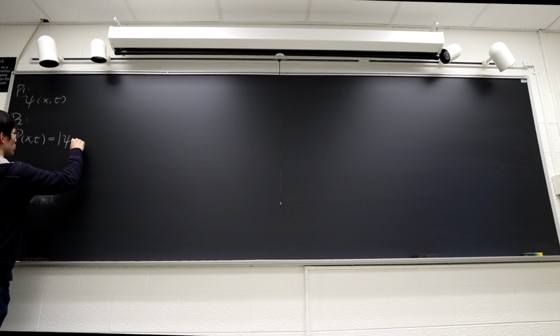The probability of finding your particle at position x at time t equals the amplitude squared of your wave function. It's very simple. These are exactly the same as the Young double slit experiment you worked on in the homework.